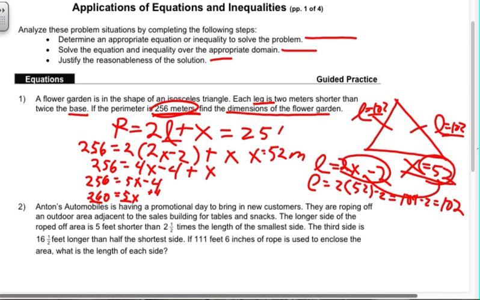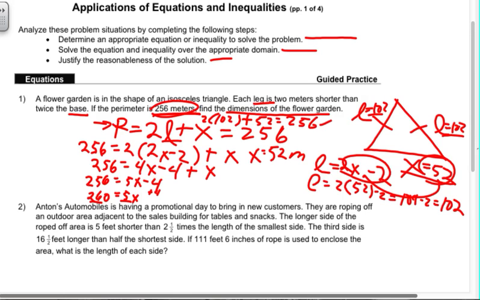The other thing to do then is to come back in and check, which is to put these numbers back in onto perimeter. So I would have 2 times 102 plus 52. And when I work that all out, that is 256.